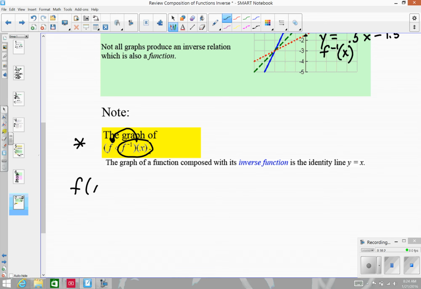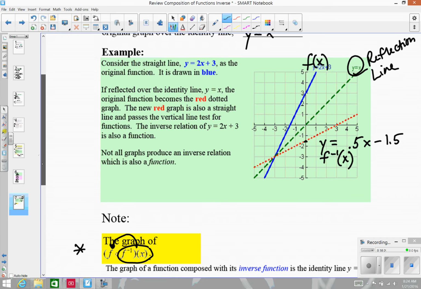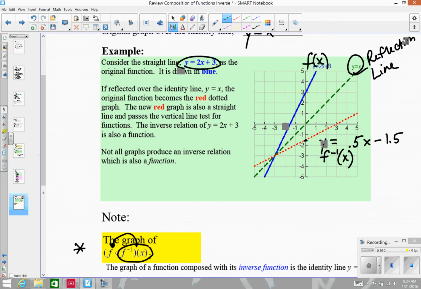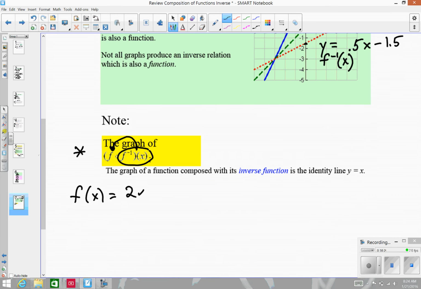So remember, f of x was equal to 2x plus 3. Write that down here. And we found our inverse from the graph to be 0.5x minus 1.5.